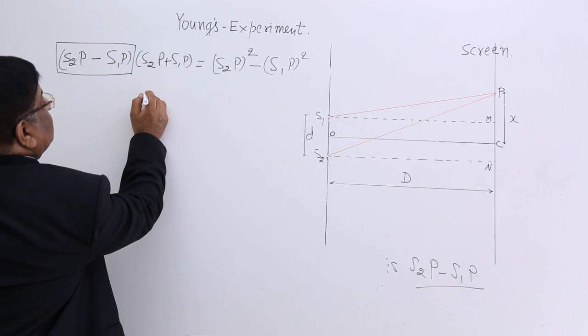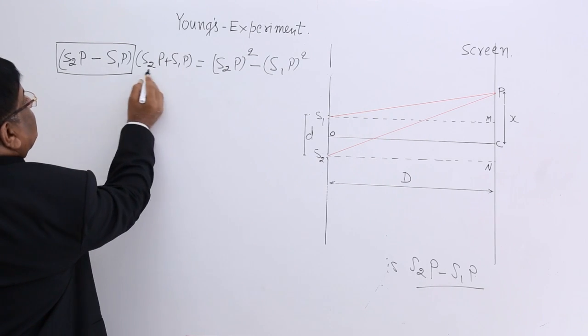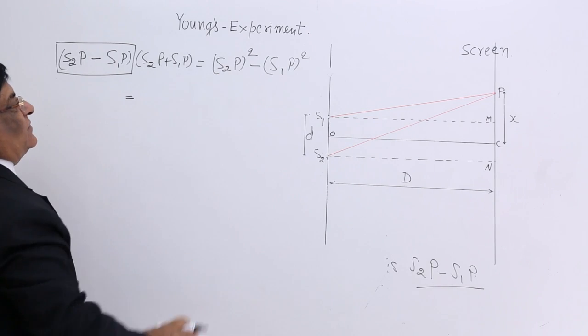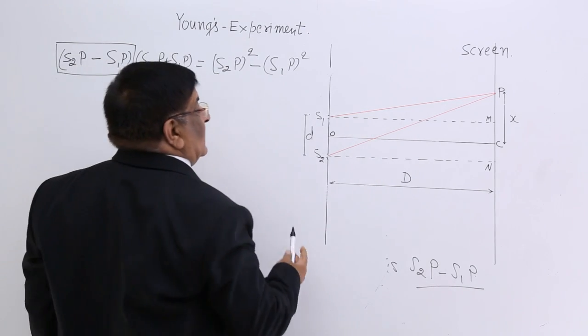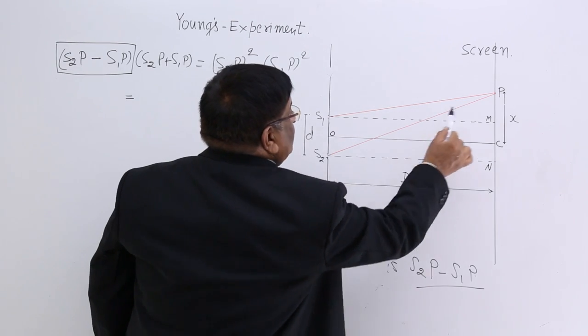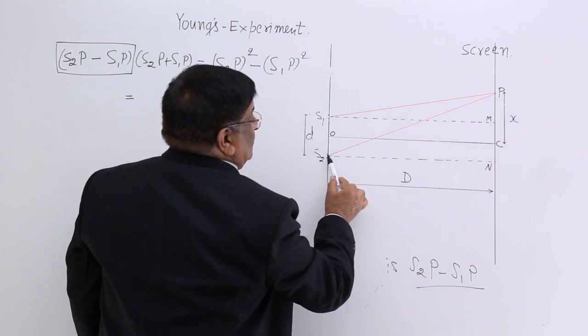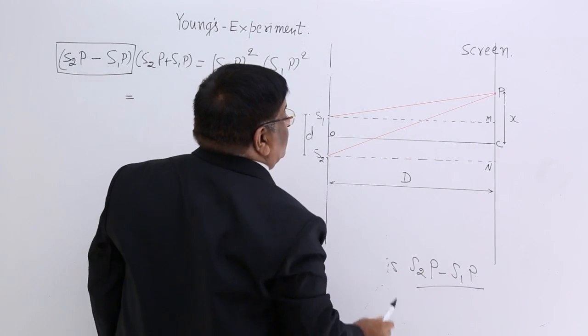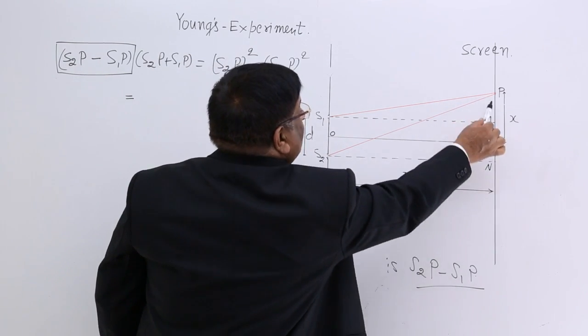Now, this is the left hand side, this is the right hand side. On the right hand side we do certain operations, that is S2P square. We take the triangle S2N and P. In this triangle, S2P square is the square of this plus the square of this.